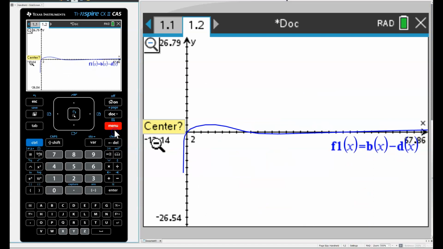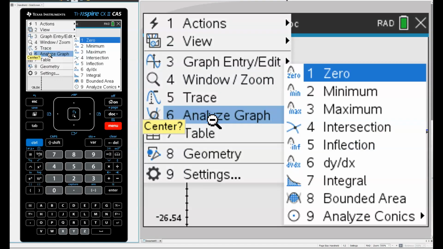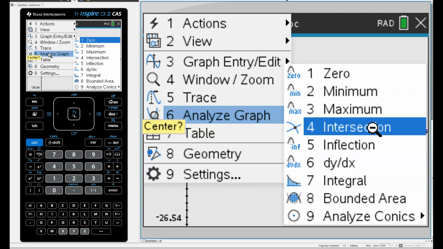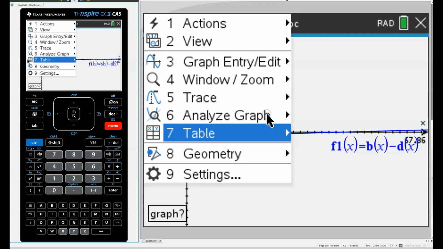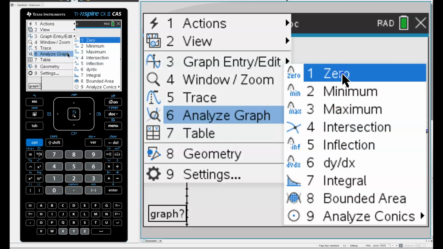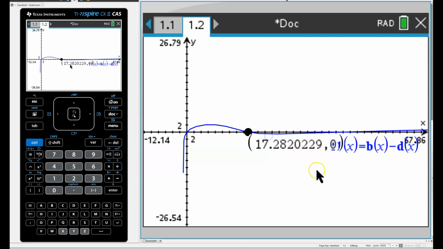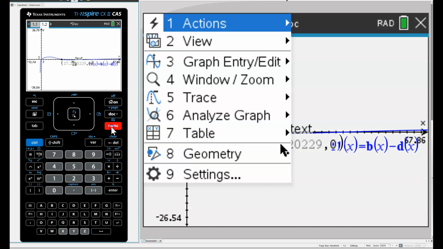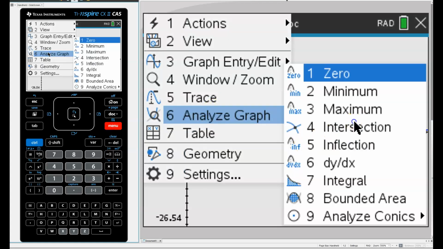So I'm going to clearly define my zeros. So analyze the graph. I want zeros. And so my zeros tell me, hey, this is when it is equal to 0. Oh, I already know the zeros because we already found those, didn't we, in the last one?